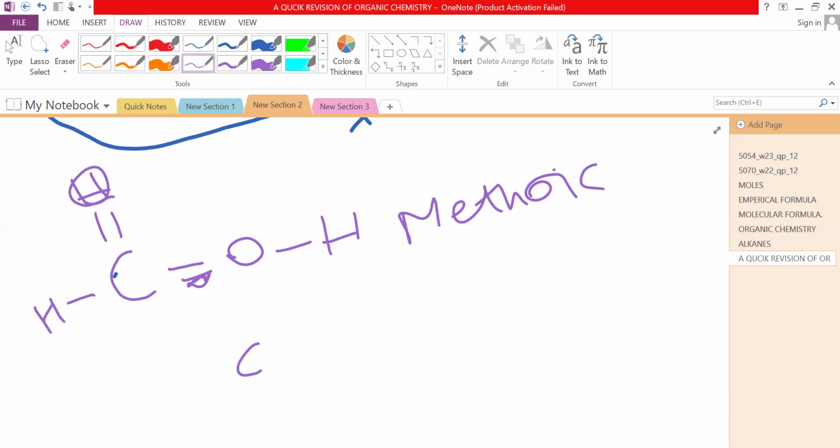When it contains 2 carbons, then an OH and a double bond of oxygen, it would be ethanoic acid.